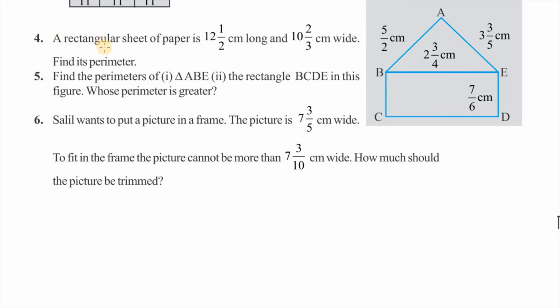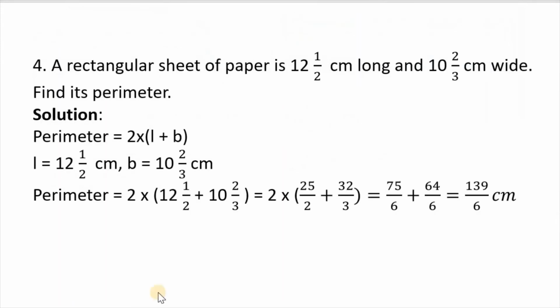The fourth question is, a rectangular sheet of paper is 12.5 centimeters long and 10 2 by 3 centimeters wide. Find its perimeter. So to solve this, you should remember the formula for perimeter of a rectangle, that is 2 into length plus breadth.